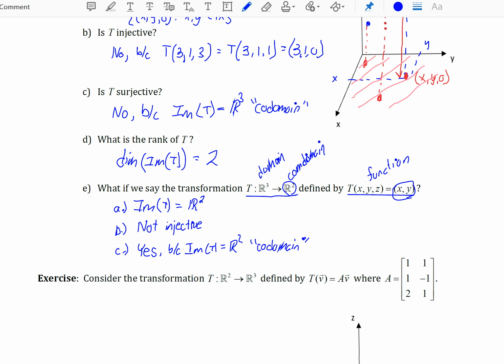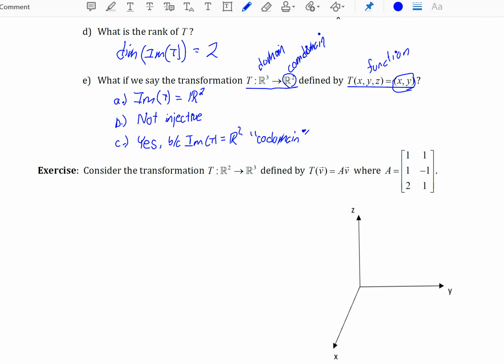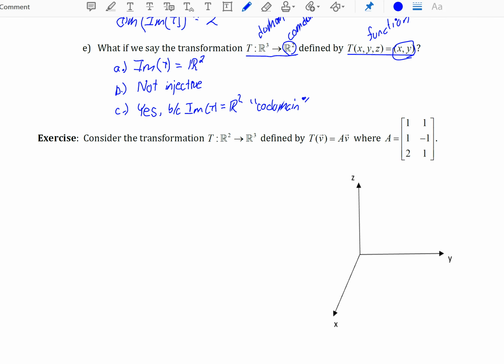Let's look at another example. Consider the transformation T mapping R2 into R3, defined by T of v equals Av, where A is your matrix of transformation. So multiplying by A is what takes you from R2 into R3.